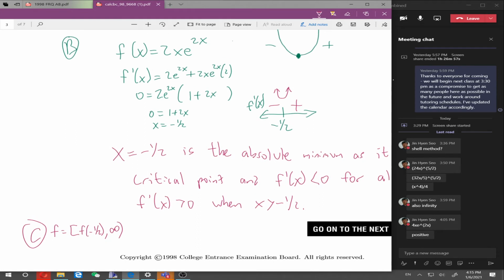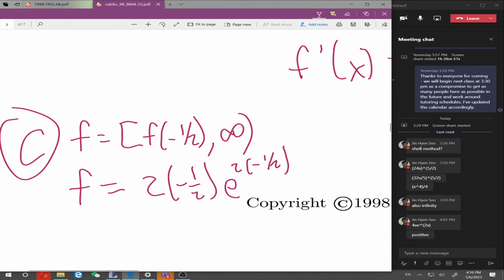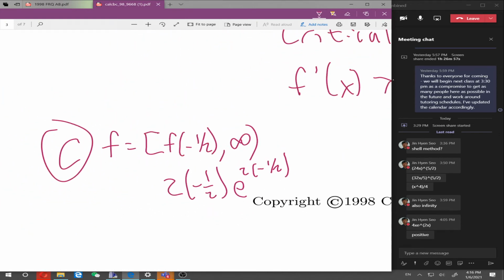So I'm going to plug in negative 1/2 into our function for f up here. I'll do this in a separate step, I think, because that's a little bit cleaner. Kyle, back to you. What happens here?